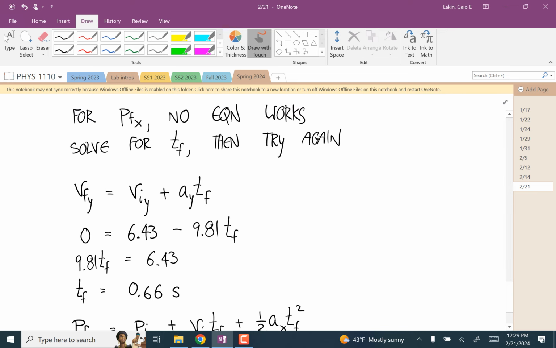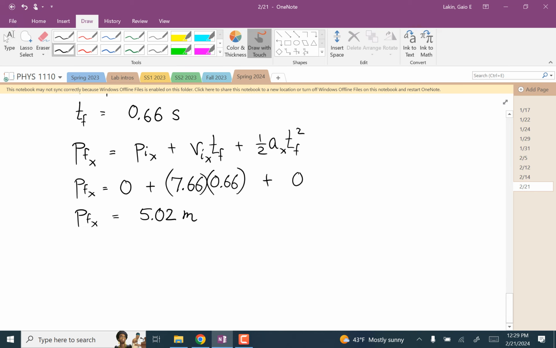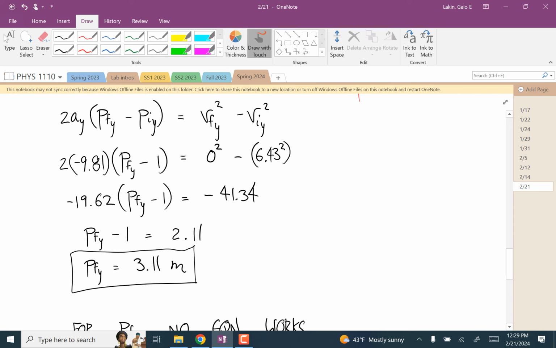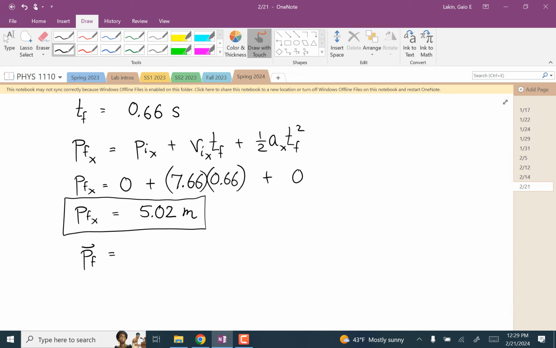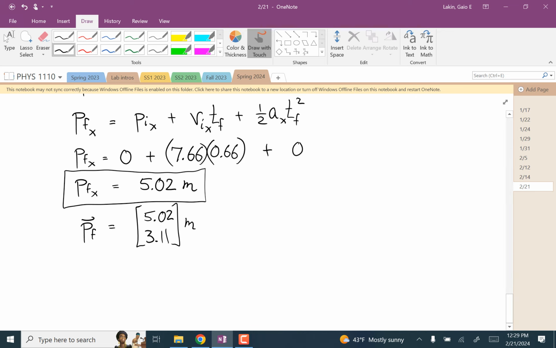And so all together, what we figured out is that in our coordinate system, the final position is 5.02, 3.11, and that's in meters. Remember that this tells you the coordinates of the object when it reaches the highest point.